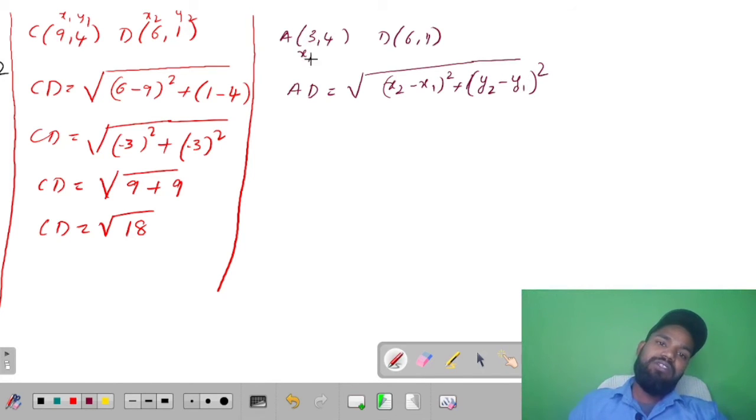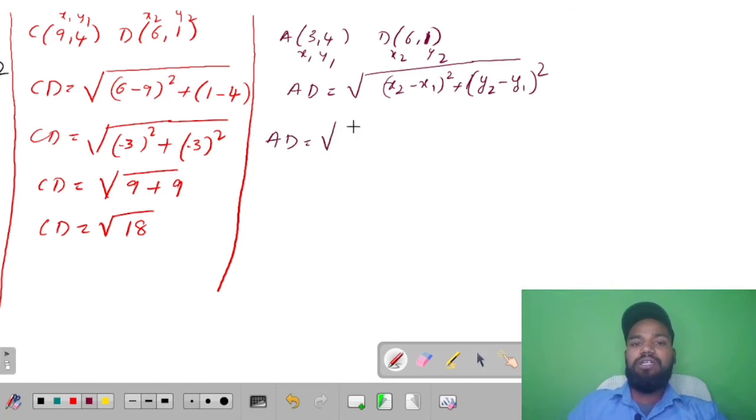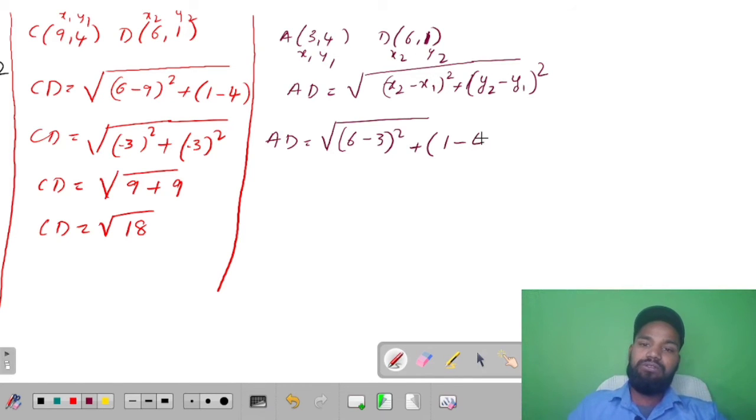Now this is x1, this is y1, this is x2, this is y2. This is (6, 1). AD equals under root, what is x2? 6 minus, what is x1 here? X1 is 3. Plus, what is y2 here? Y2 is 1. And what is y1 here? 4.